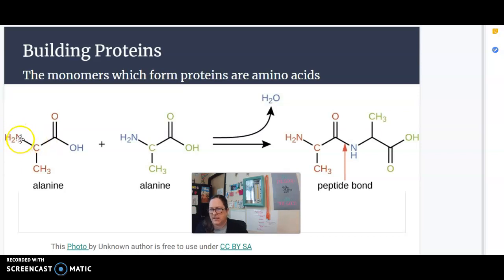I always remember because it has nitrogen there. Alright, so an OH group, and one of the two hydrogens from the amine group are removed to make a water molecule, and it forms what we call a peptide bond. So linking two amino acids is called a dipeptide bond. And this is the beginning of a protein.